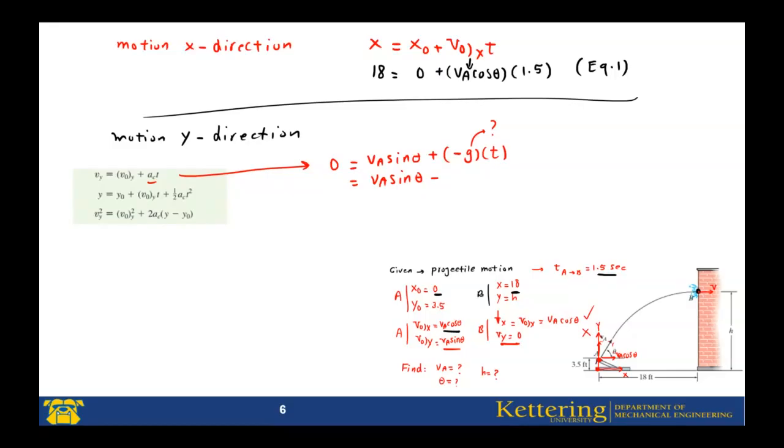I'm not looking for the number. I just want to make sure you do not confuse the g from SI with the US units. This is a very common mistake. You will see that I use SI units and US units in this problem. You cannot use g equal to 9.81.